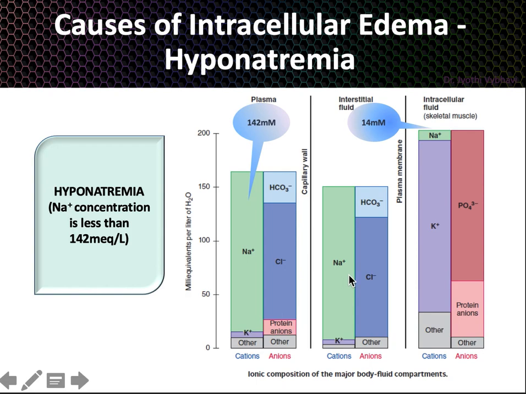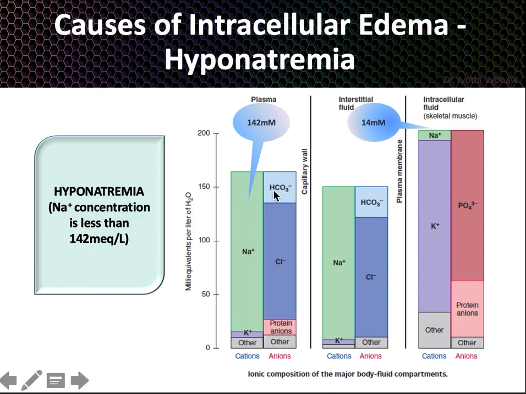Why am I telling you this? Plasma osmolarity, or ECF osmolarity, is around 300 milliosmoles, and the major determinant of this osmolarity is sodium, because of its abundance and, of course, its attendant ions like chloride and bicarbonate.